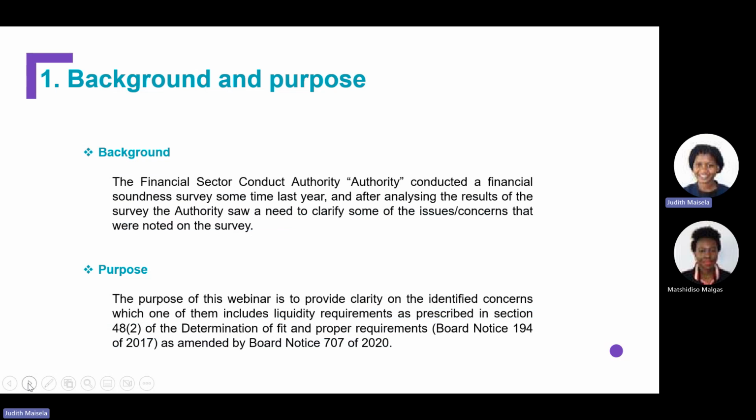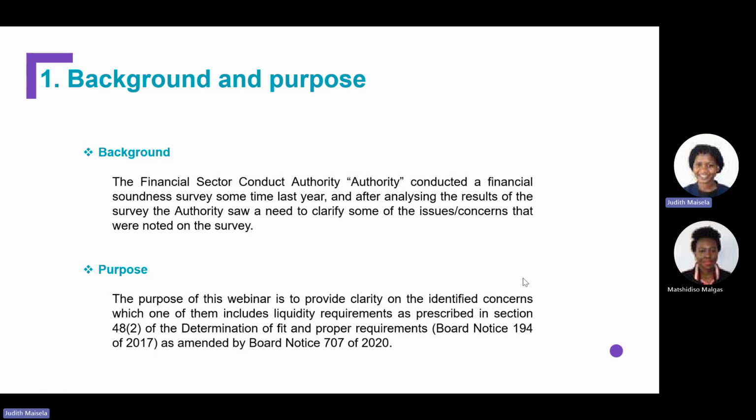So as a start, let me just provide a brief background of why we are here today. The Financial Sector Conduct Authority conducted a financial soundness survey sometime last year in 2022. After analyzing the results of the survey, the authority saw a need to clarify some of the issues or other concerns that were noted on the survey. And we are doing this through such webinars.